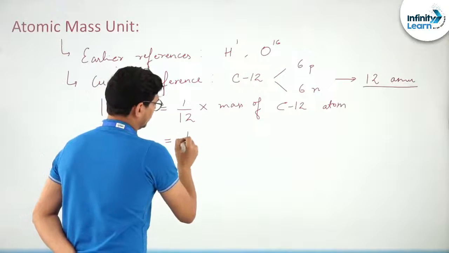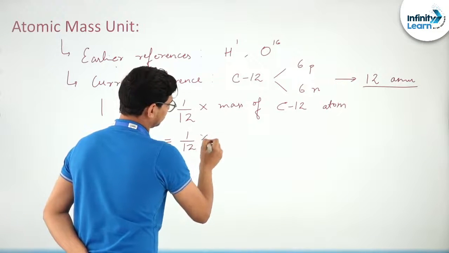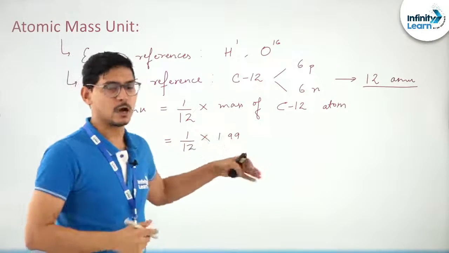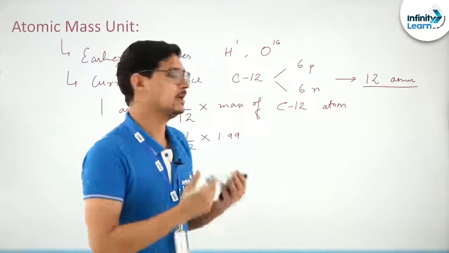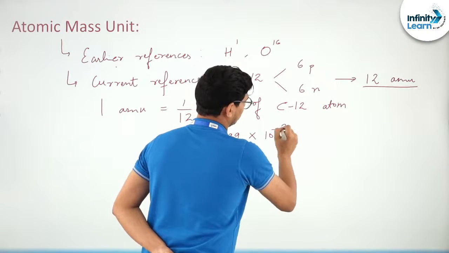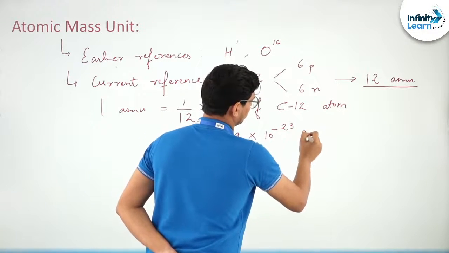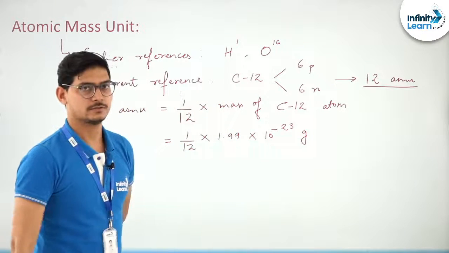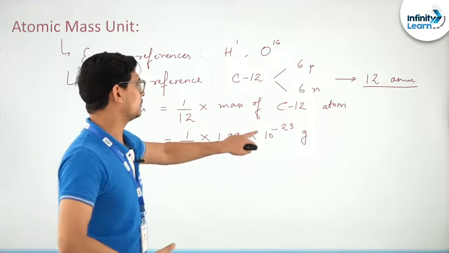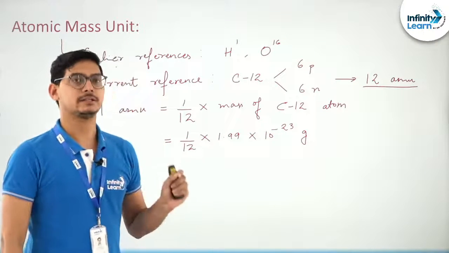So we substitute the mass of carbon atom. You don't have to worry about how this came. Scientists have measured it. Alright. So the mass of one carbon atom is 1.99 approximately into 10 to the power minus 23 gram.